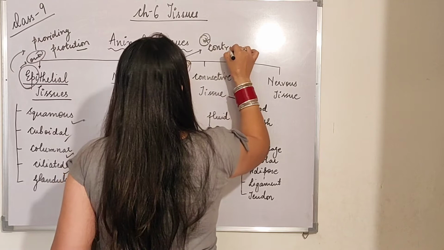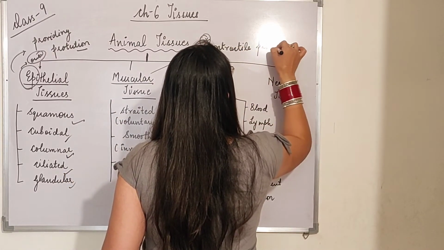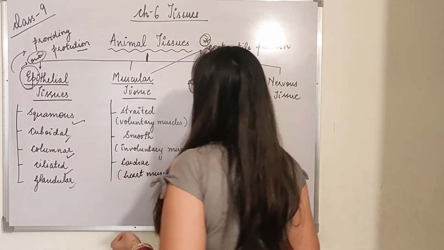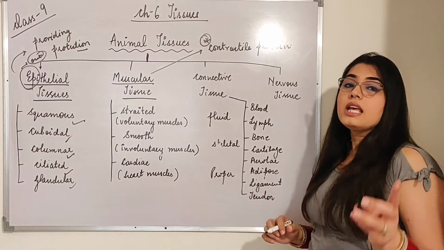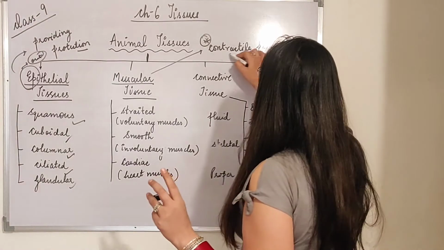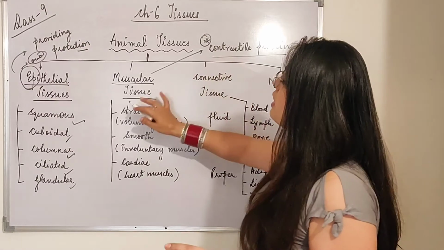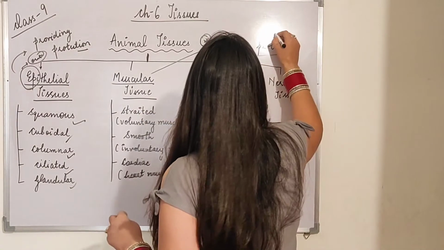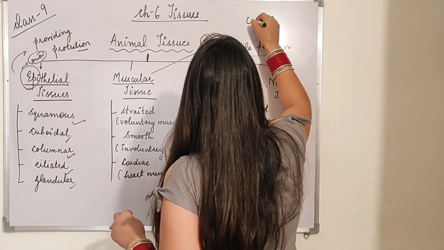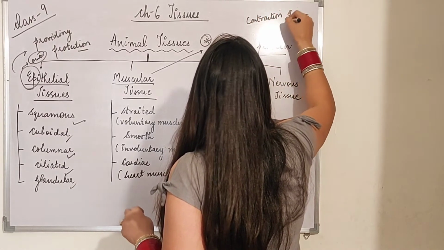What is the function of this contractile protein? Only and only these proteins are responsible for the muscular tissues to contract and relax. They help in the process of contraction and relaxation.